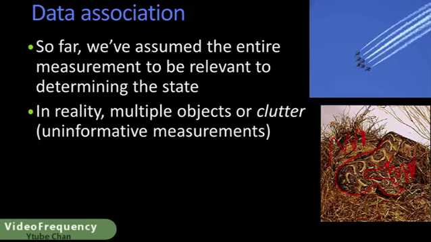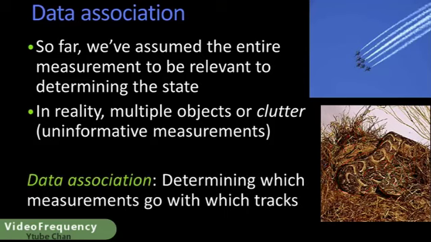But in general, clutter means that there are a bunch of measurements that are not from the thing I'm really interested in tracking. The problem is referred to as the data association problem. And the trick is to determine which measurements go with which tracks and which measurements should be ignored, which measurements cause you to start a new track. These are all things that you have to do when you do tracking.